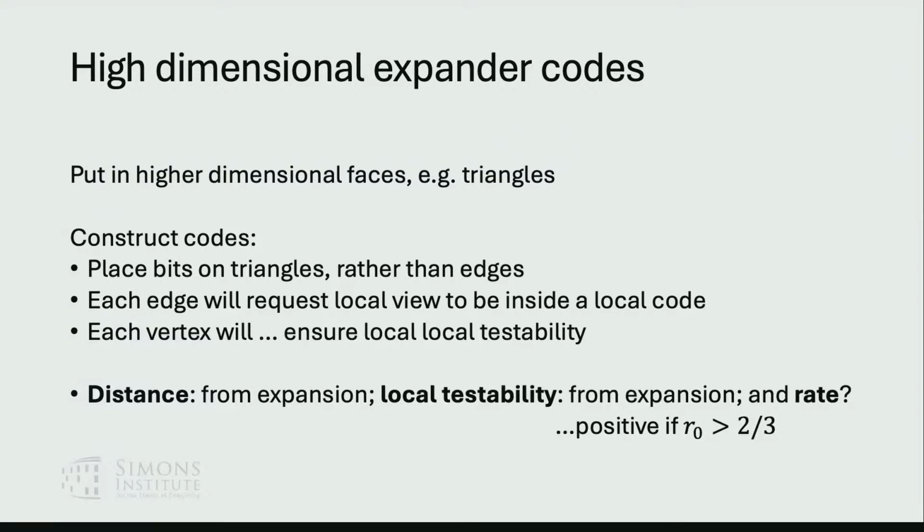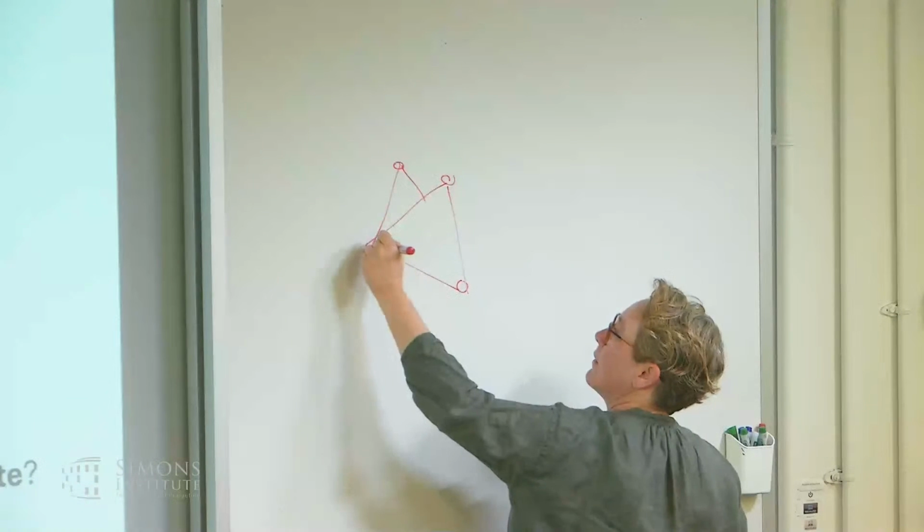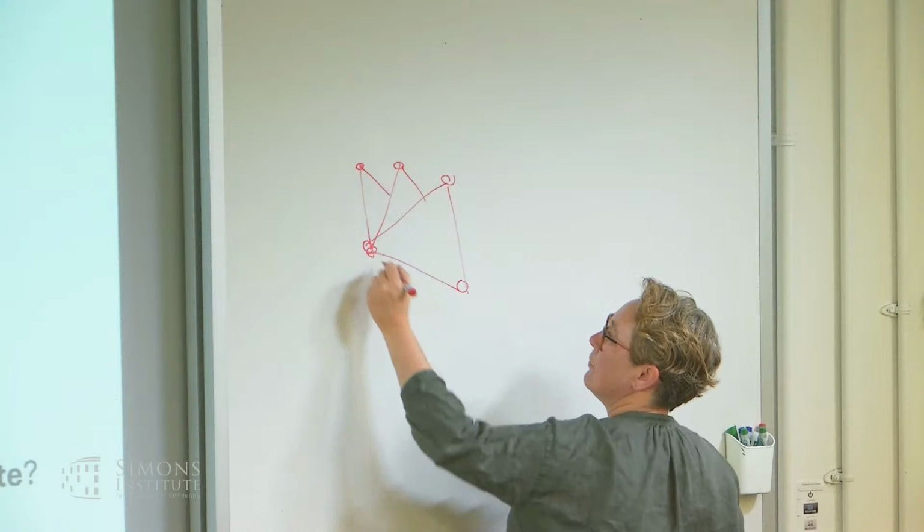Okay. And previously, for every vertex, we said that the local view of the vertex, all the edges touching it, should be in the local code. So now we're going to put all the triangles touching an edge. So maybe I should draw this. I guess in this graph, we have triangles, and maybe there's a few triangles touching a specific edge.